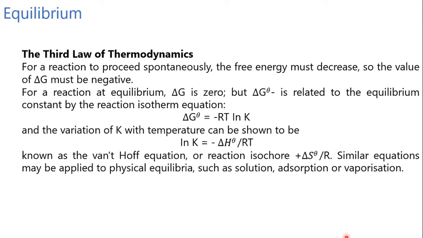For a reaction to proceed spontaneously, the free energy must decrease, so the value of delta G must be negative.